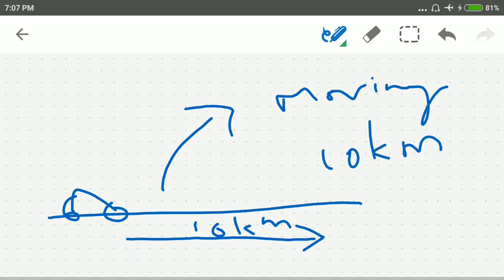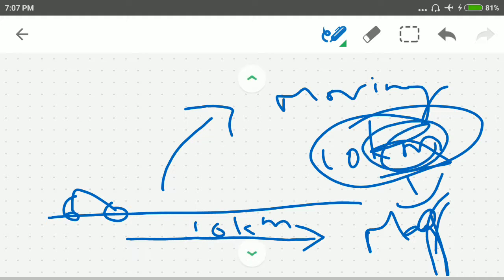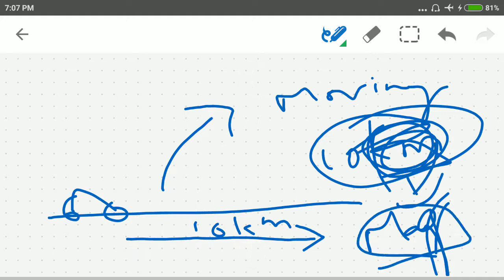Why is it scalar? Since you only know the magnitude, that is the kilometer, I mean to say the length. You only know the scalar quantity. So it is termed a scalar quantity since you only know the magnitude.